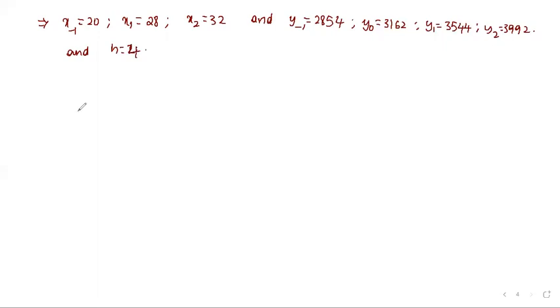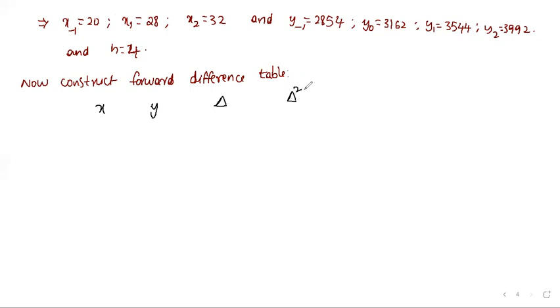So we construct the forward difference table, that is x values, y values, first difference, second difference, and the third difference. Write the values.